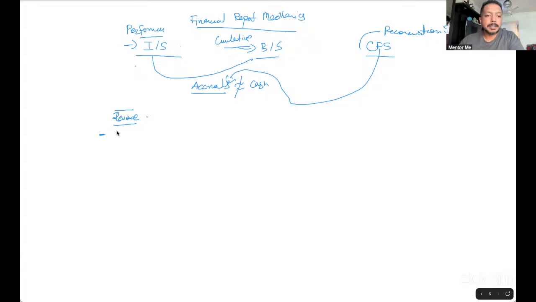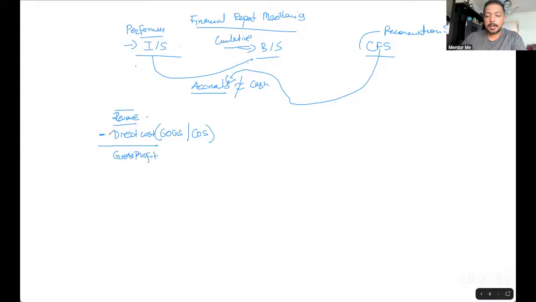These are not the actual terminologies, but I'm using them so that you understand. So the direct cost to generate this money, which is also called cost of goods sold or cost of service, whatever you want to call it. Now, when you reduce this direct cost, you get gross profit.